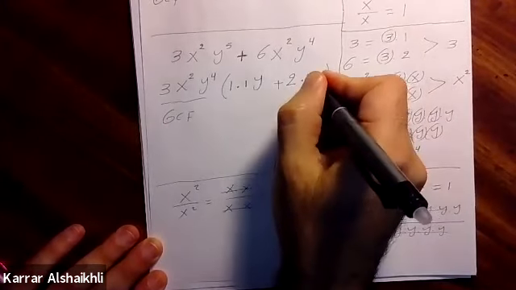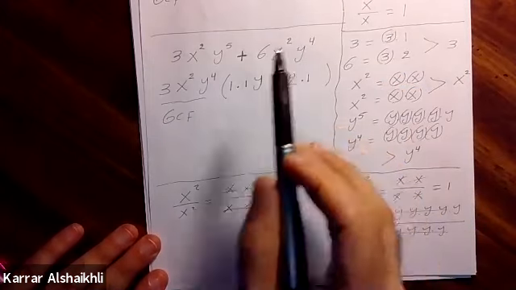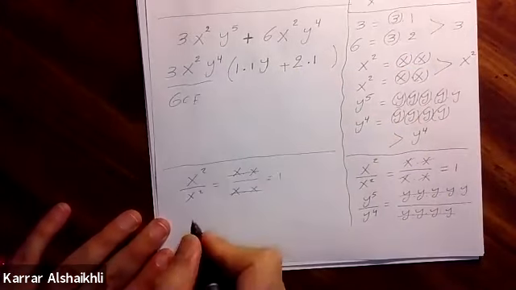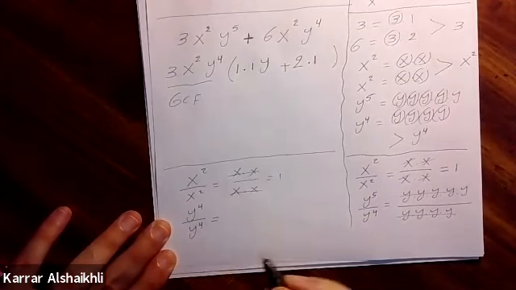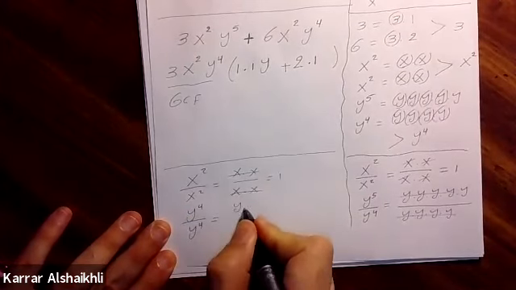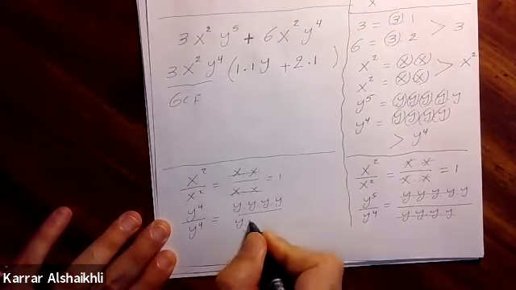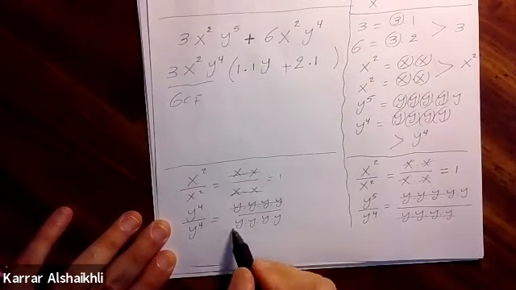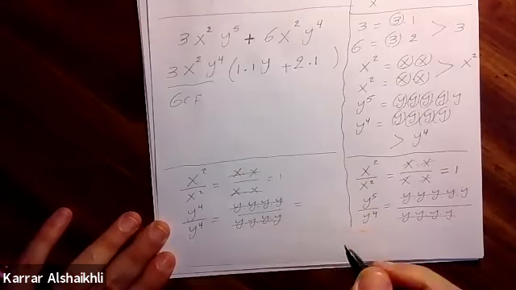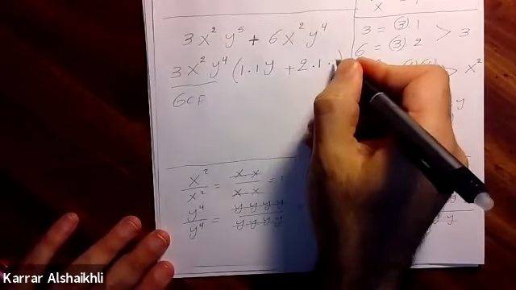So I'm going to say times 1. Y to the power 4 divided by y to the power 4 is 1, 2, 3, 4 divided by 1, 2, 3, 4. You're going to cancel 4 from the top and 4 from the bottom. So the leftover is going to be 1. So this is also times 1.